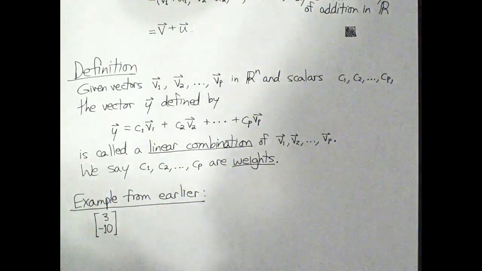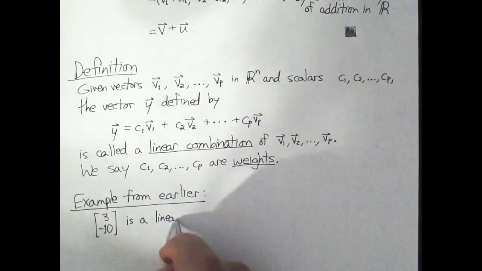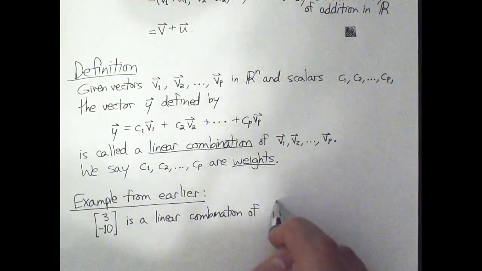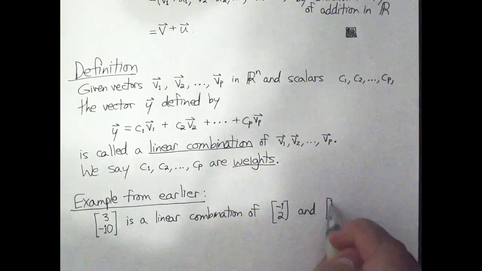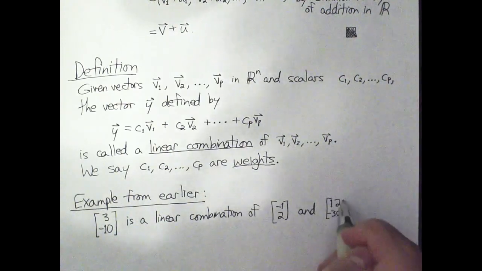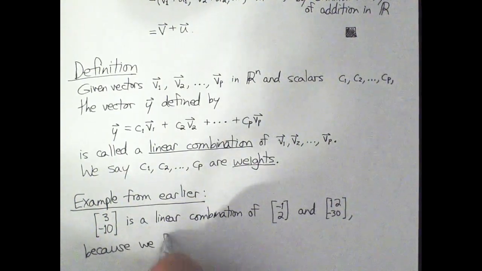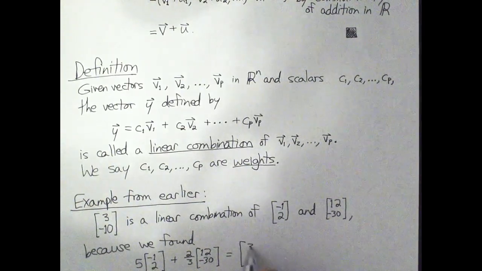That was an answer that we got from a problem, and it is a linear combination of this vector and this vector, if those looked familiar to you from a problem we did, because we found that 5 times this plus 2/3 times this equals this.